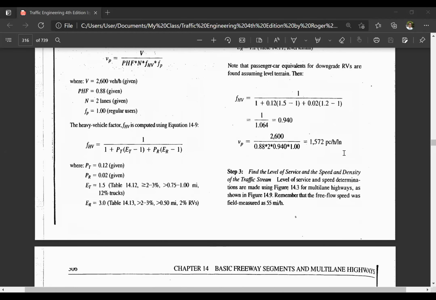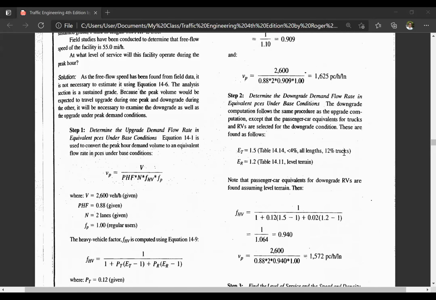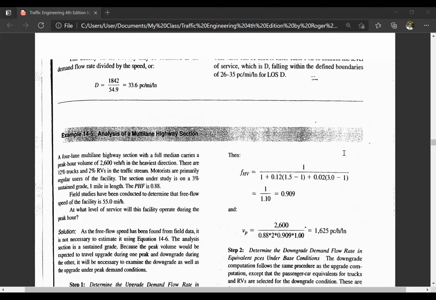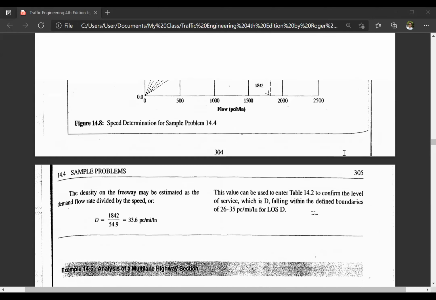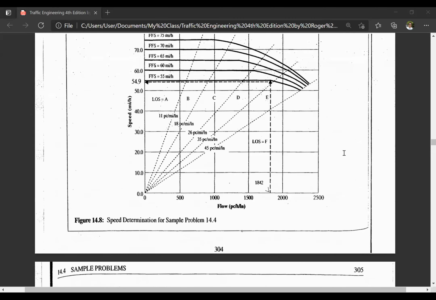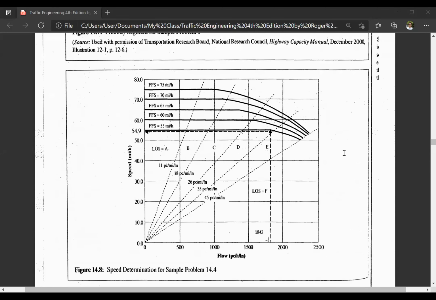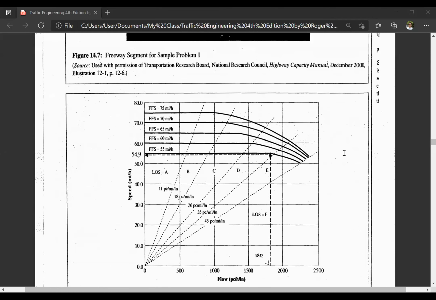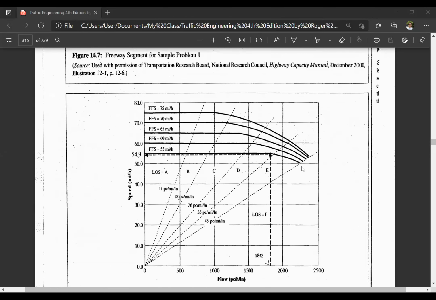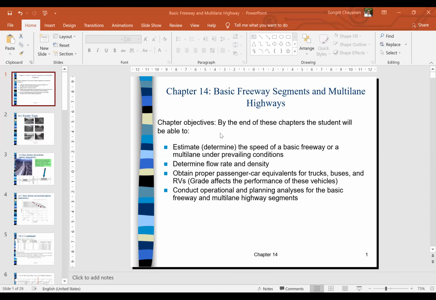Go along with it. Chapter 14 has several examples that you may want to look at closely, because I think it's going to be part of your exam soon too.